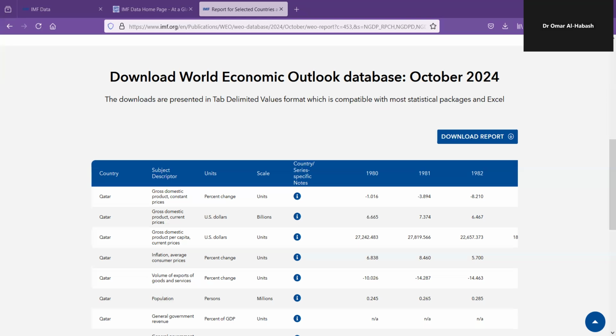We have also general government net lending and borrowing, as a percentage of GDP. So you see here it is 5.5%, 10%.